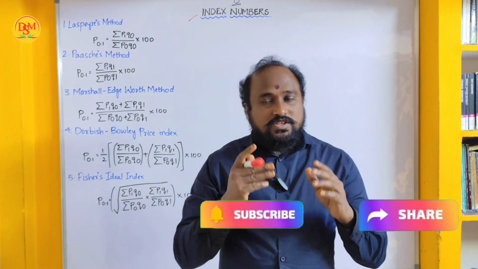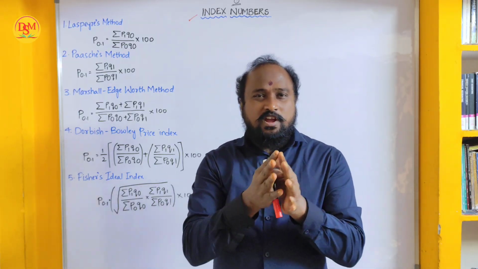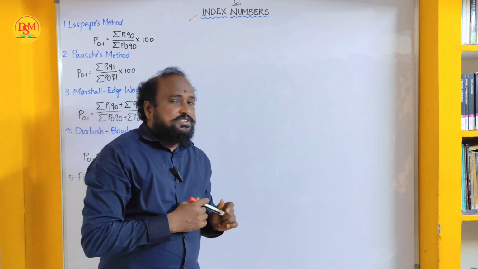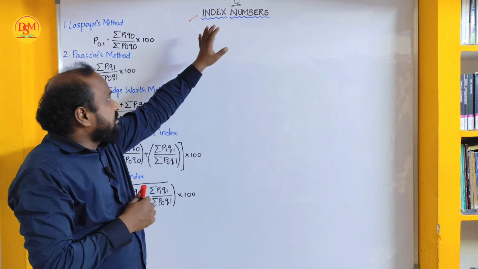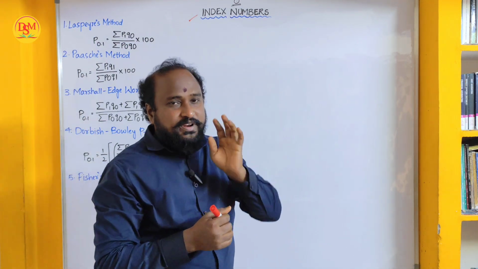So beta, whenever we are doing this chapter, Index Numbers, I'm only explaining the examination point of view of this topic. The term index means indication. Here we are comparing the value of the past with the present.